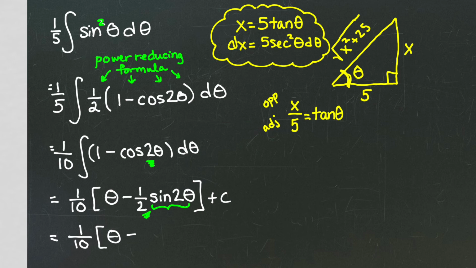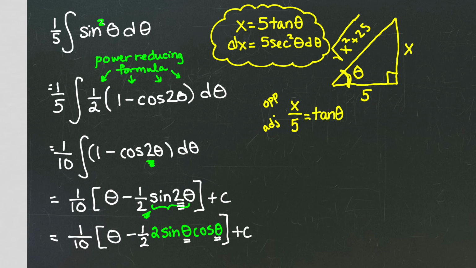Sine 2 theta by the double angle formula, if you look up and remember, is 2 sine theta cosine theta. The double angle formula takes a double angle and converts it back into single angles, and that's what I need from my triangle. I need just a single theta, not double theta.